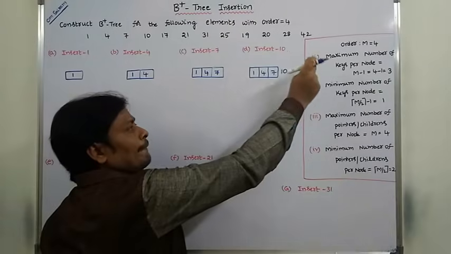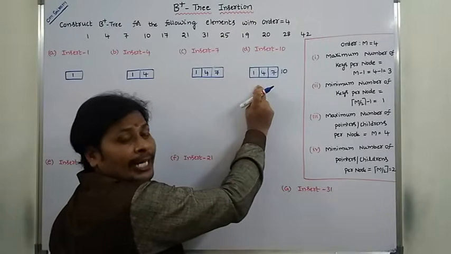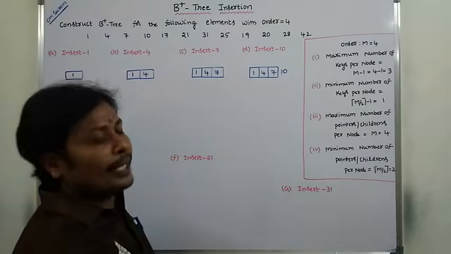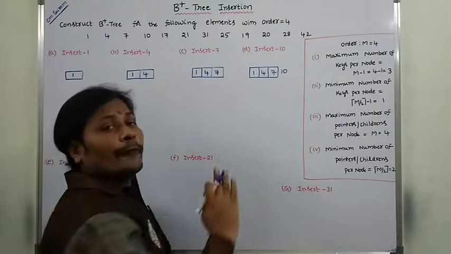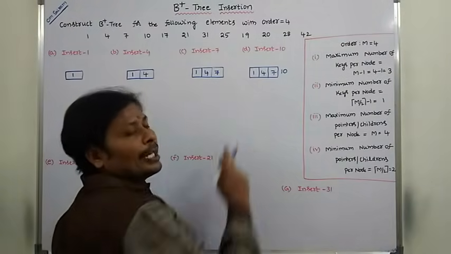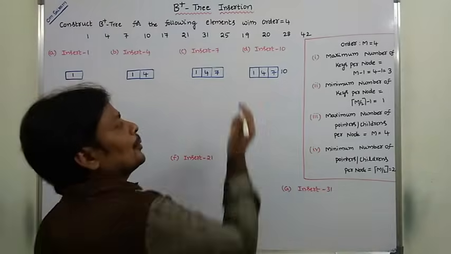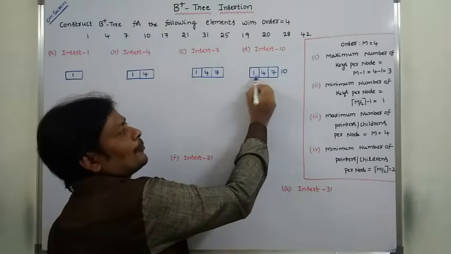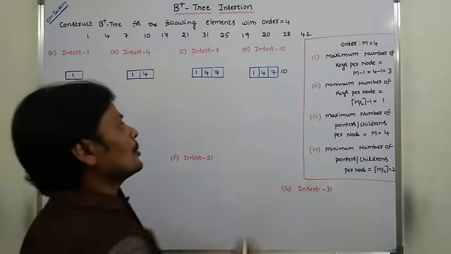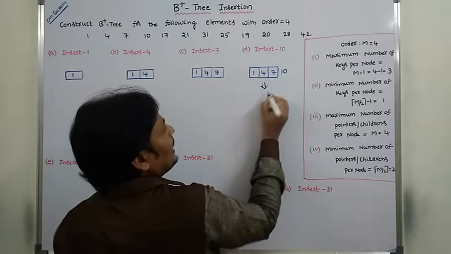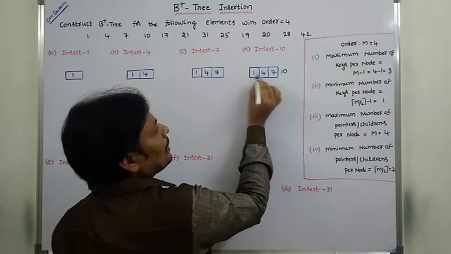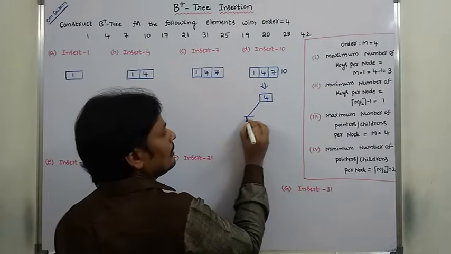According to property 1, this node violates the B plus tree property because it contains 4 key elements, so we have to perform the splitting operation. The middle element is taken as the parent. With 4 elements, the middle element is at position 4 by 2, that is 2. So now 4 can be taken as the parent. Its left child is 1.